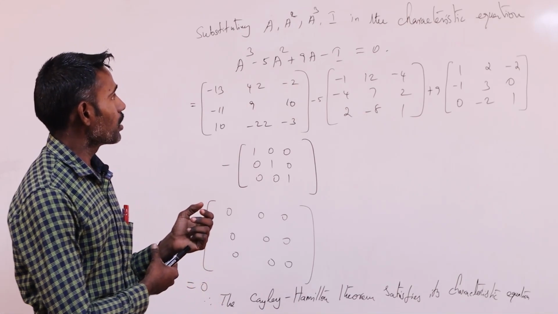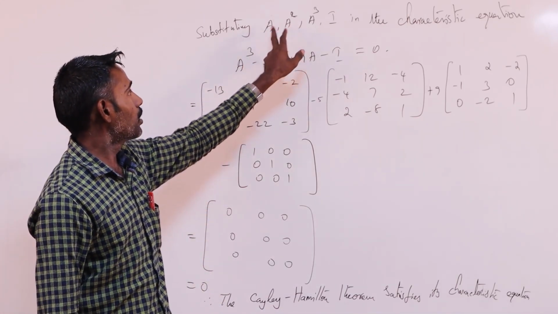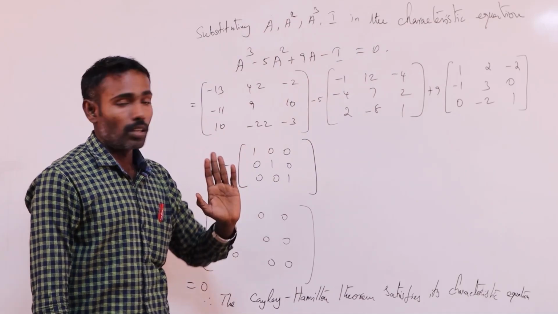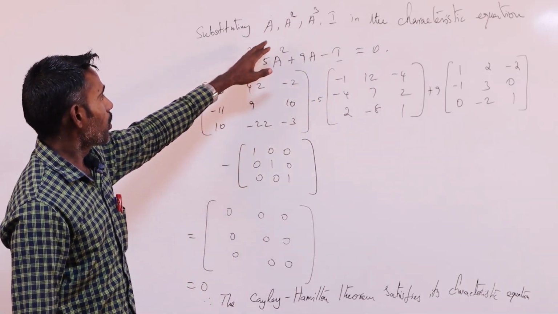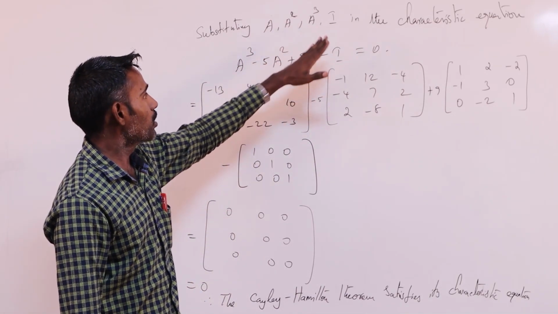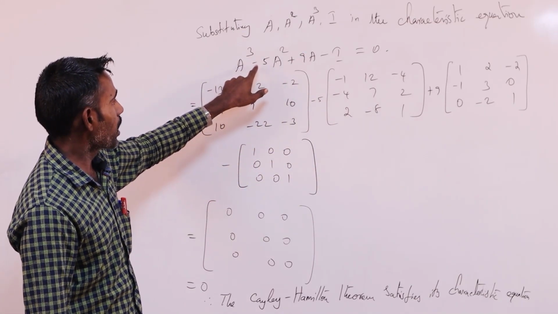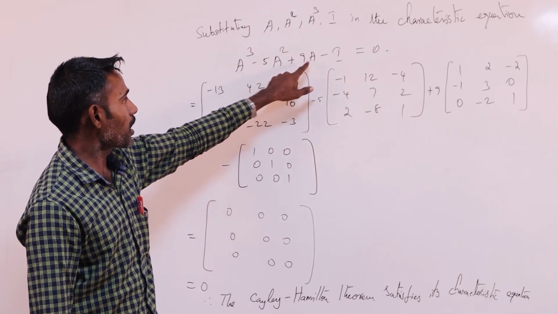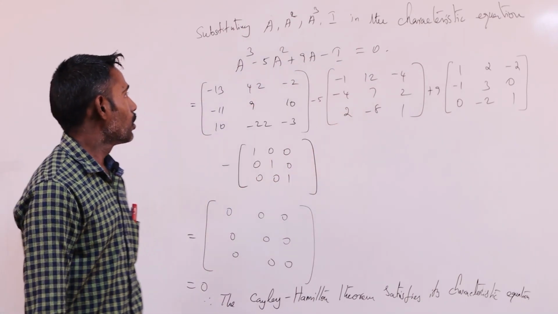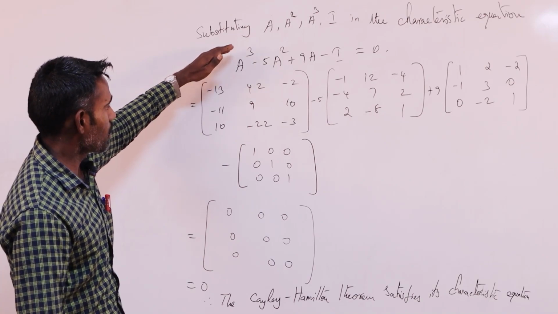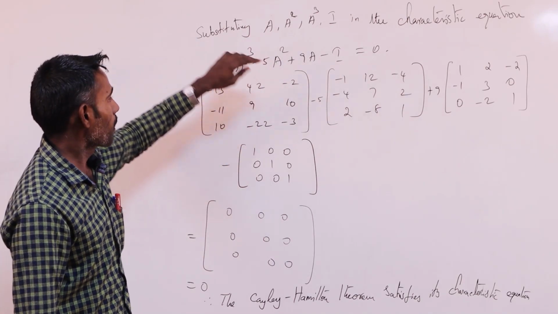Now we substitute the values of A square and A cube in the characteristic equation. The characteristic equation is A cube minus 5 A square plus 9 A minus I equal to 0. We check that the value is equal to 0.